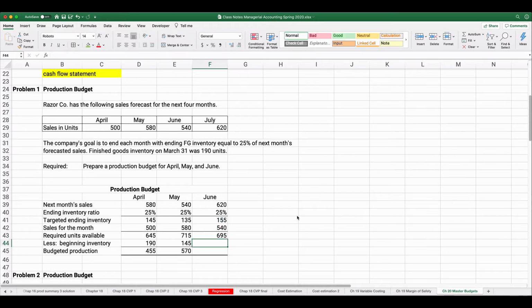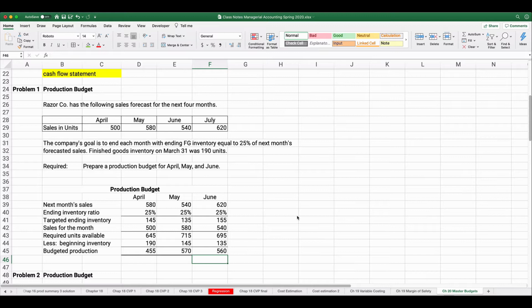Now, what's our beginning inventory for June? Well, it's the end for May, so that is the 135 that we calculated earlier. So we need to produce 695. We already have 135, so we need to produce, I think I should subtract here, 695 minus the 135, and we have 560 is our budgeted production.